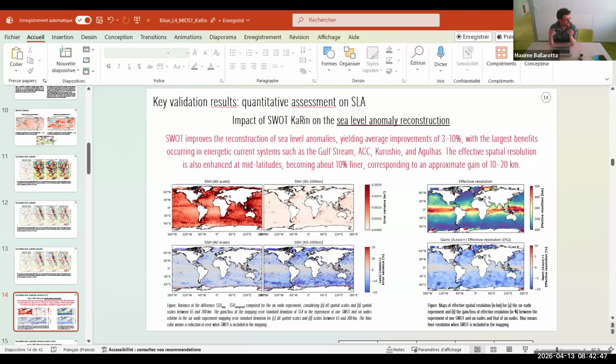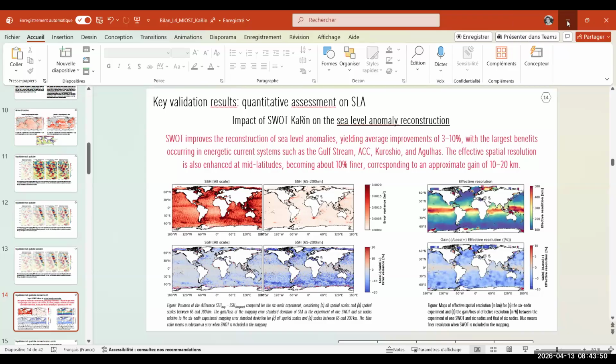That's why some years ago, maybe 10 years ago, there was this dynamical mapping approach that was introduced by Clement, and that is now implemented with the variational approach. Even if we could refine spatially the scale that we want to constrain in the map during the SWOT era, the difficulty with the MIOST mapping approach will be how to constrain dynamically in time those scales, meaning that we could definitely decrease the spatial scale and have maps that have really fine scale at one time, but we will lose the coherency in time because we don't manage to propagate the information with this mapping approach. I don't know if I answered the question.